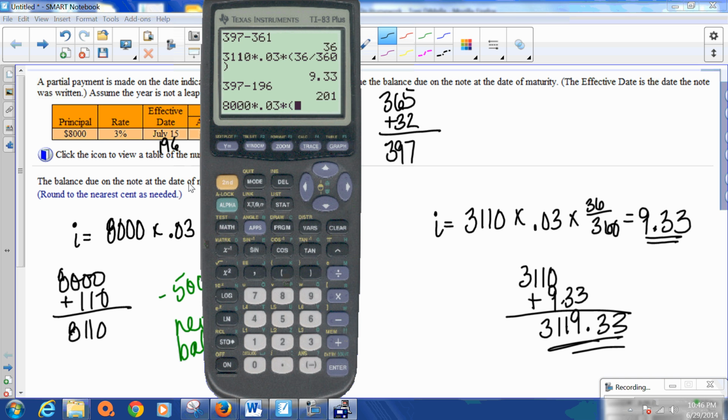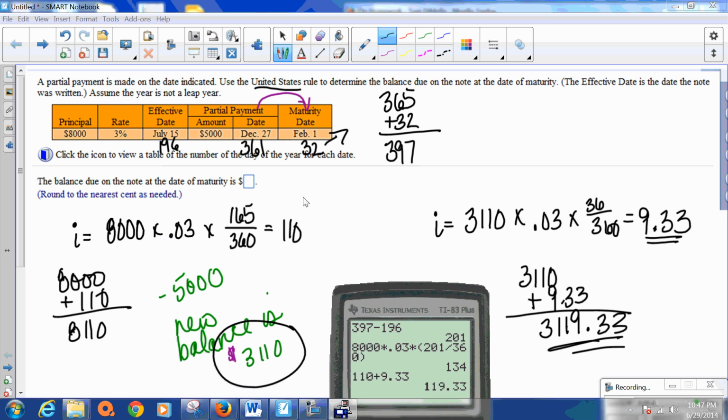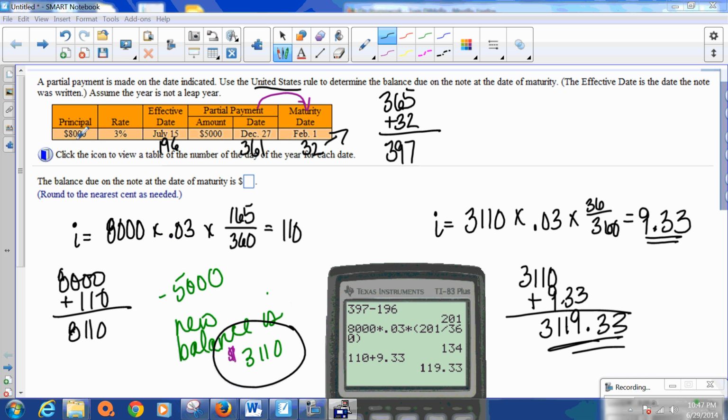That would have cost you a total of $134 worth of interest. This way, since this one was $110 and this one was $9.33, you only paid $119 worth of interest, so you didn't save a whole lot, about $15 worth of interest, but this was only $8,000 for 200 days.